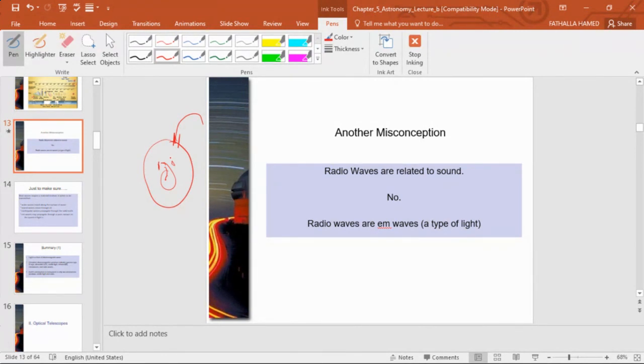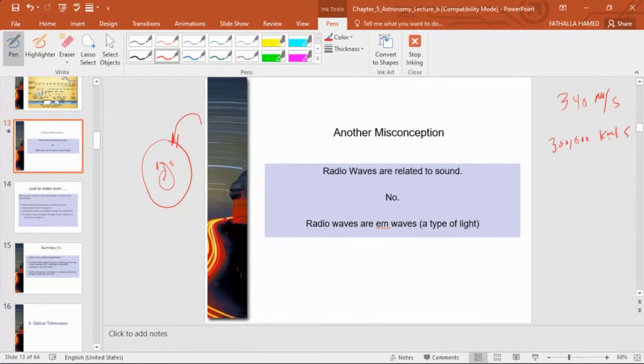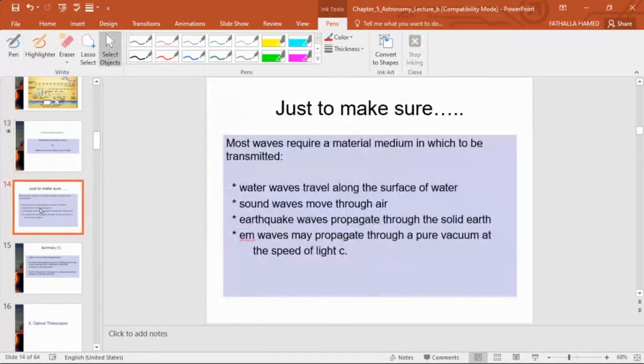So sound is different. And I told you about the speed of sound. It's about 340 meters per second in air, but light is 300,000 kilometers per second. So there is a difference between these. You have to be alert of this. Most waves require a material medium in which to be transmitted.